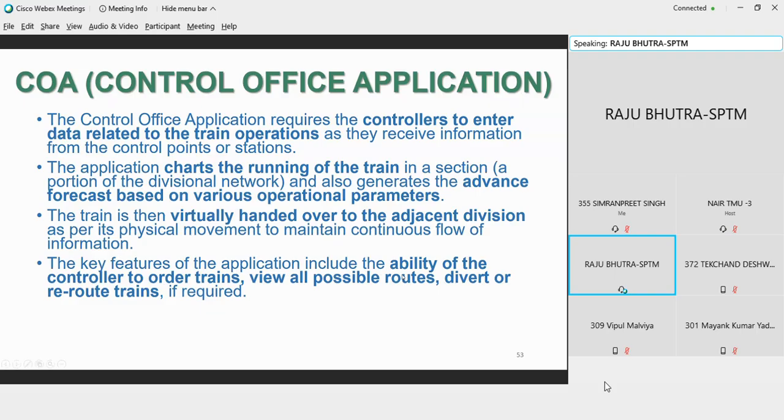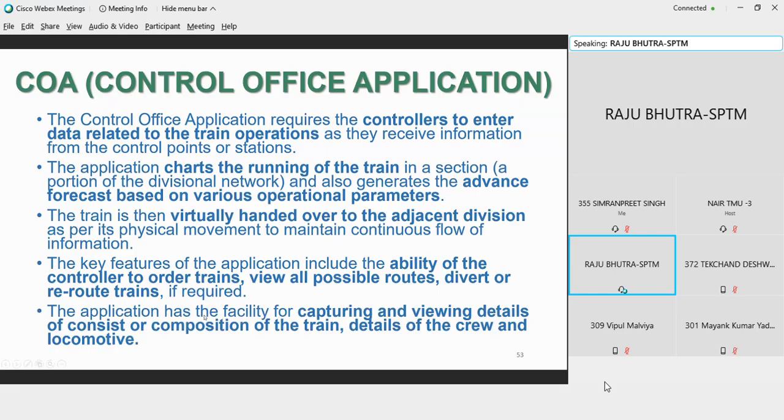Key features of the application include the ability of the controller to order trains, view all possible routes, divert or reroute trains if required. The application has the facility for capturing and viewing details of consist or composition of train. Details of the crew and locomotive can also be viewed using this software.